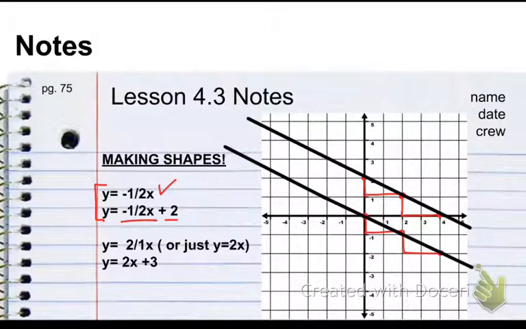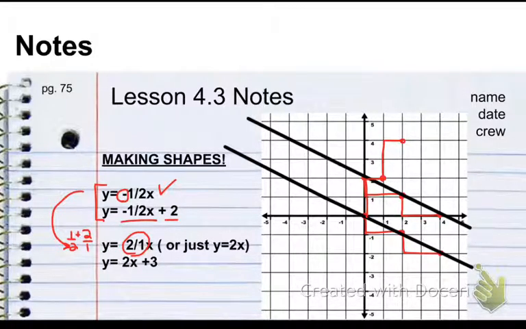Now I want the opposite of 1/2. We take that 1/2 and flip it around to make it 2 over 1, and instead of negative, we make it positive. That's how we get 2 over 1 x, or just 2x, and I start here and go up 2 over 1, up 2 over 1.